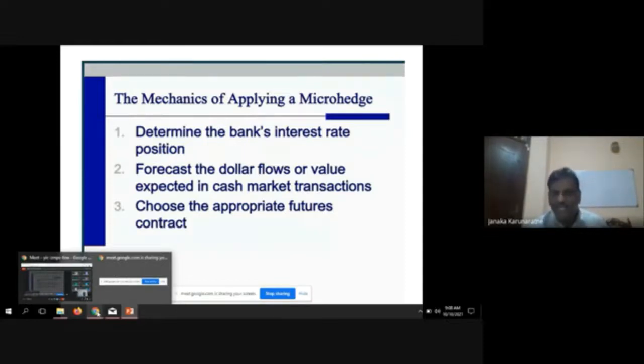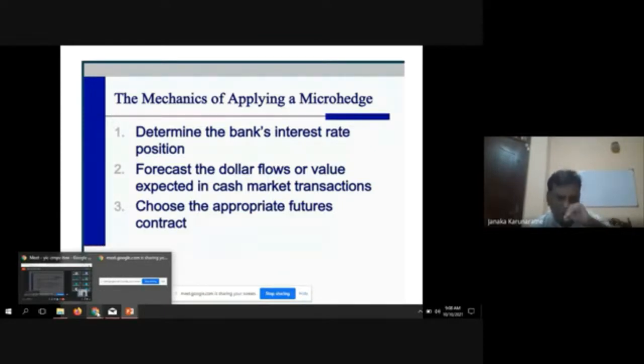Shorting. Short means that. So when you short it, you can still realize the higher price in the futures market on whatever the future date. But in the cash market, price drops. So you set off the loss of cash flow in the cash market with a gain in the cash flow in the futures market.